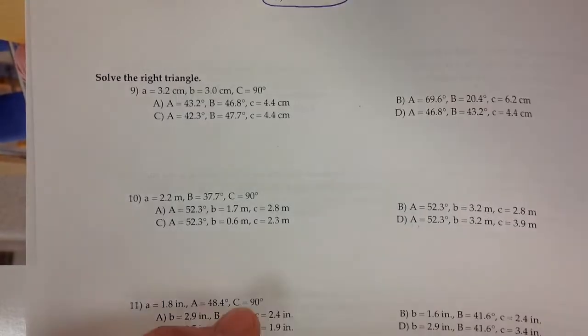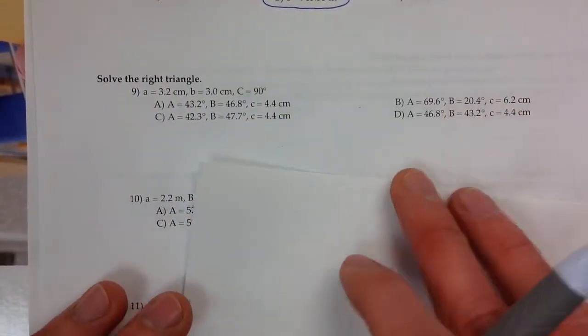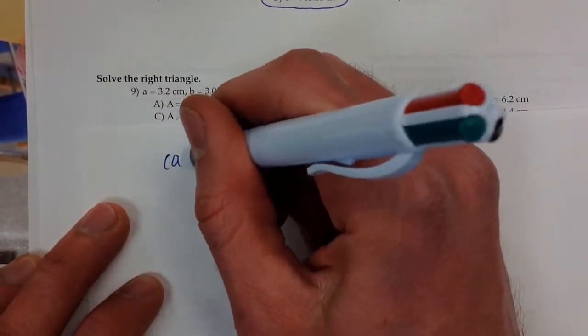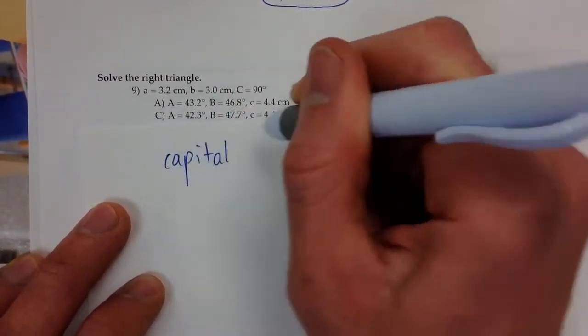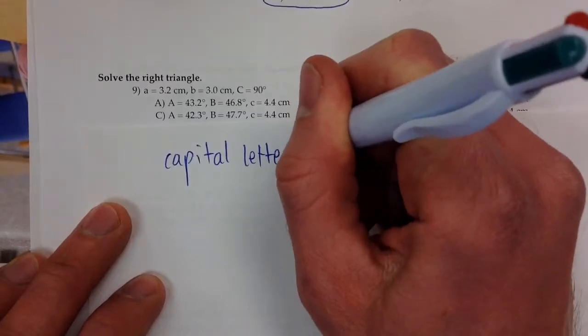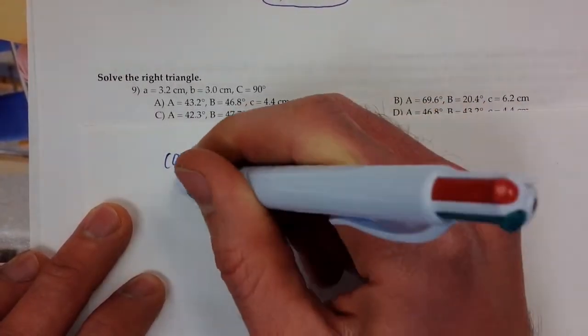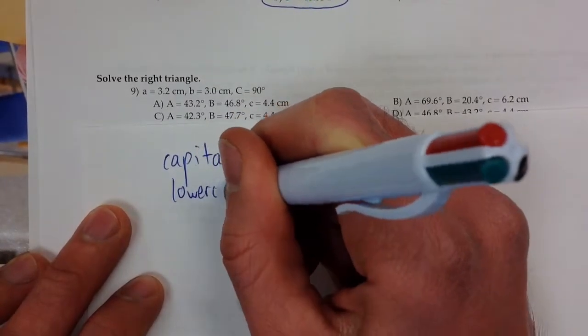Here's what you need to know. You need to know that capital letters are angles. Lowercase letters are sides.